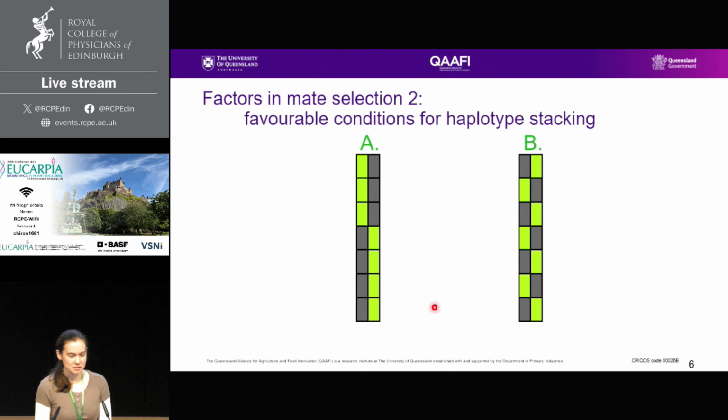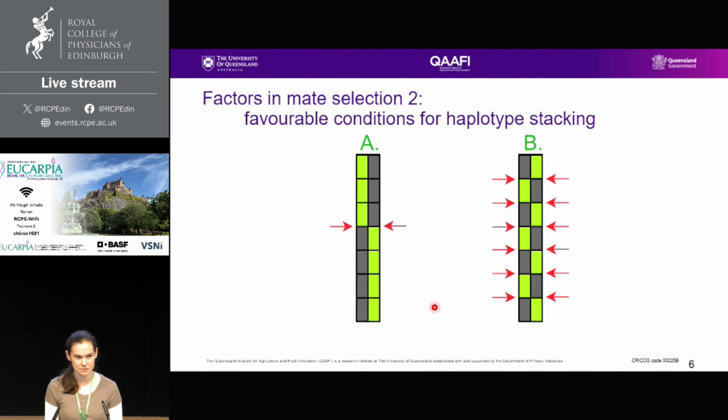The second one, we just want to make it as likely as possible that we succeed in stacking up those good haplotypes. If we have these two example F1s here, they've all inherited one good haplotype from one parent for every block in the genome, but which one's more likely to actually be able to pass down all of those good haplotypes? By far it's A, because A just needs that one recombination to produce a gamete that's all green.